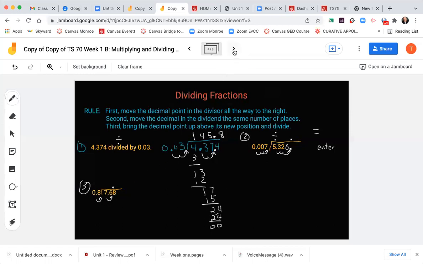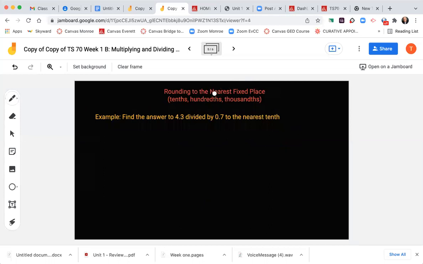All right. Moving on to rounding to the nearest fixed place. So if you want to take a moment and pause the video. Let's talk about rounding to the nearest place then, okay? Tens, hundreds, and thousands. All right, to a fixed place.